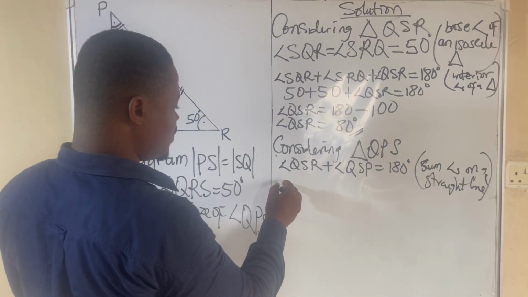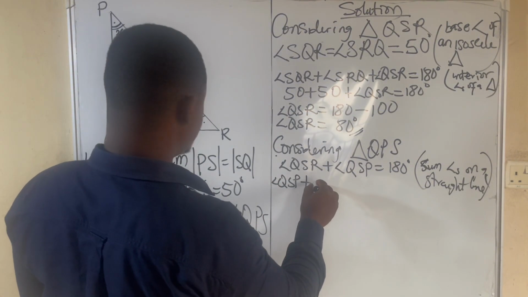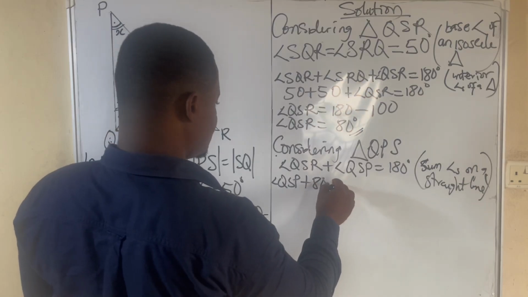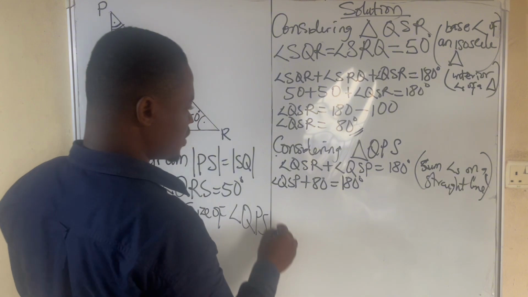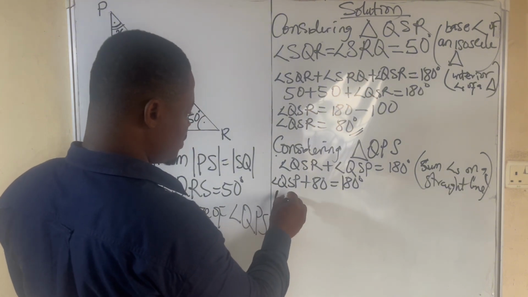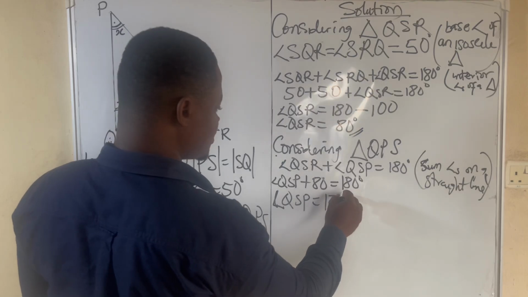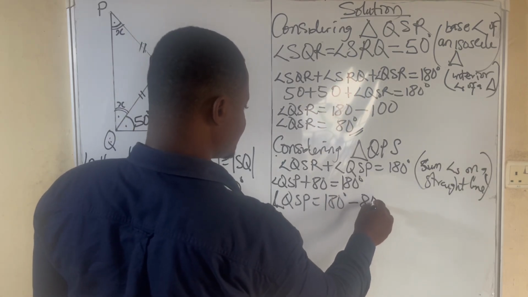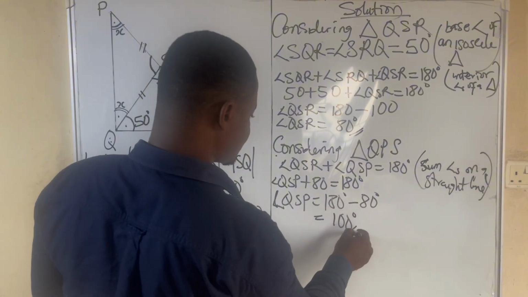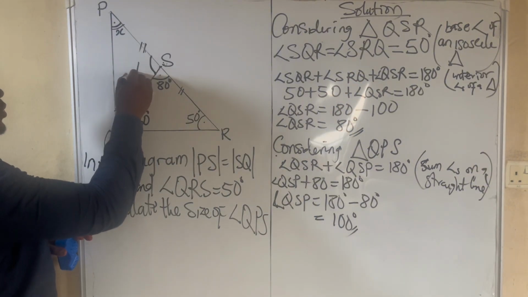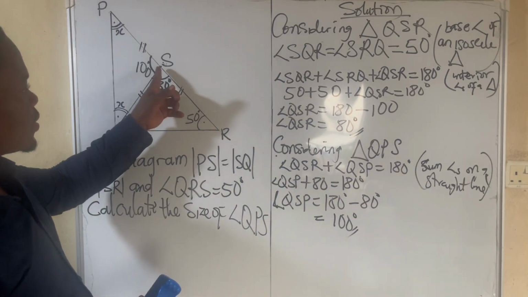Angle QSP plus 80 is equal to 180 degrees. So angle QSP is going to be equal to 180 degrees minus 80 degrees, and that will give us 100 degrees. So this angle here is 100 degrees. That's how we got angle QSP.